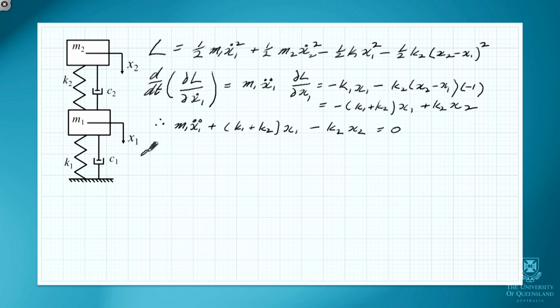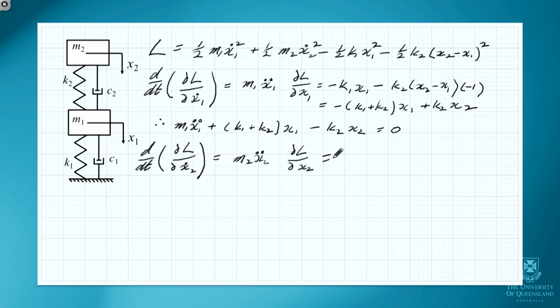Now, second coordinate, use x2. The derivative with respect to x2 dot, we'll pick up the second mass only, so it's just m2 x2 double dot, and the derivative just with respect to x2 is a bit simpler this time because we're only looking at the second spring.